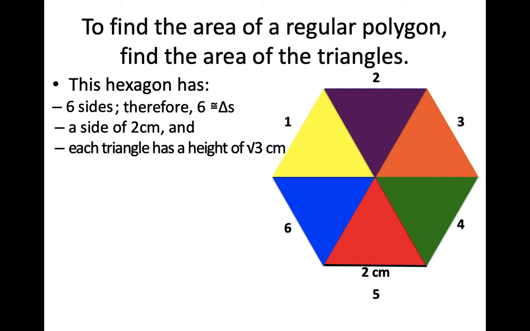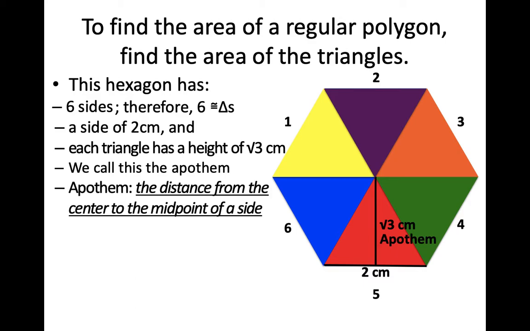That's 2 centimeters. And I tell you that the height of each of those triangles is square root of 3 centimeters, so we can draw that in. That line right there is called the apothem. The apothem is the distance from the center to the midpoint of one of the sides, or the height of one of the triangles.